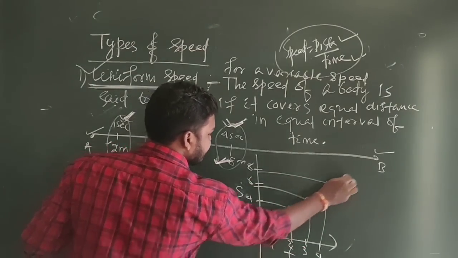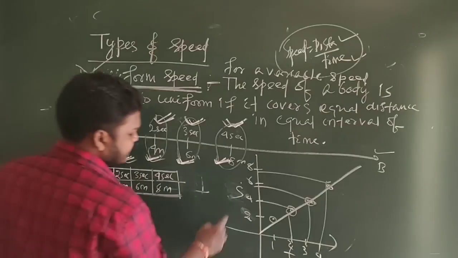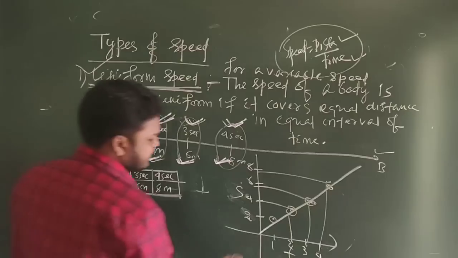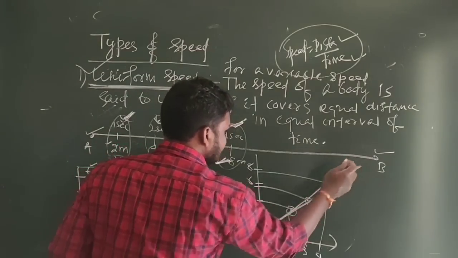So if we draw a distance time graph in case of uniform speed, then it produces a straight line slope.